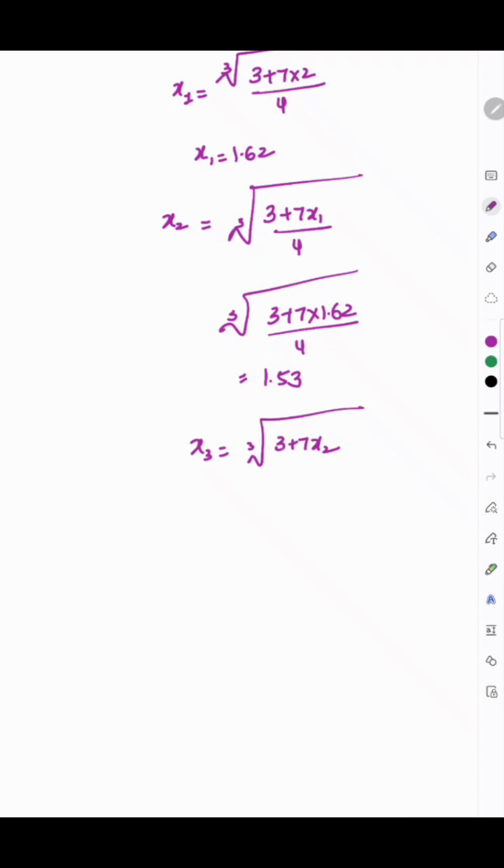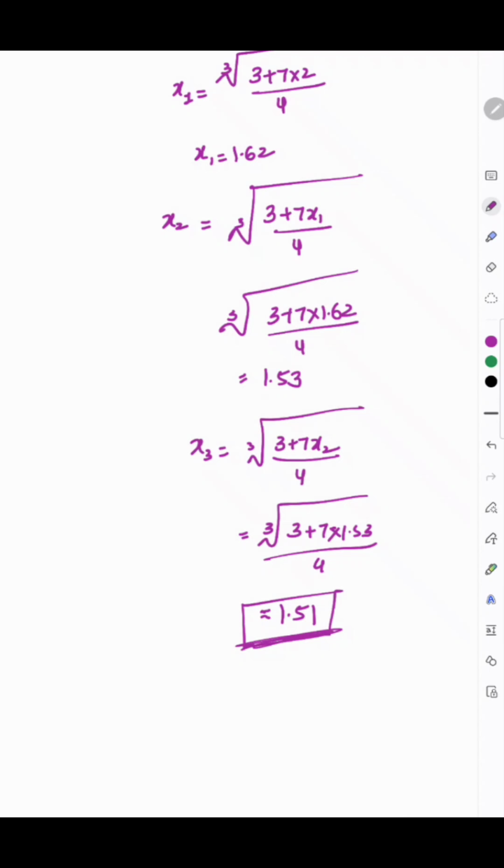Here I'll put x2 as 1.53 because this is the x2 we have calculated. So this will be the cube root of 3 plus 7 times 1.53 over 4, which will give me approximately 1.51. So this is basically the solution of part B.